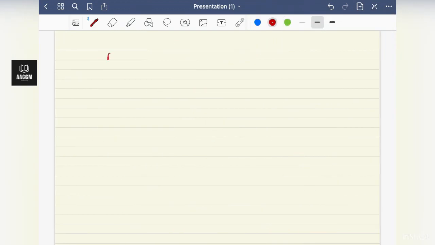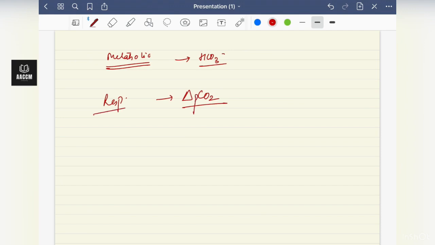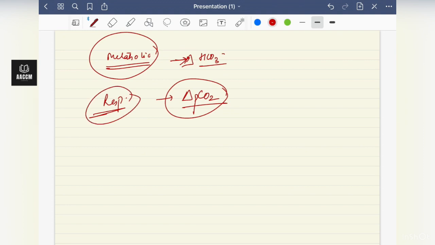So coming again, to remember it easily, the metabolic component is by bicarbonate change and the respiratory component is by the change in CO2 levels, that is PCO2 levels. Okay, so any delta change in the bicarbonate levels is the metabolic component and any change in the PCO2 levels is the respiratory component.